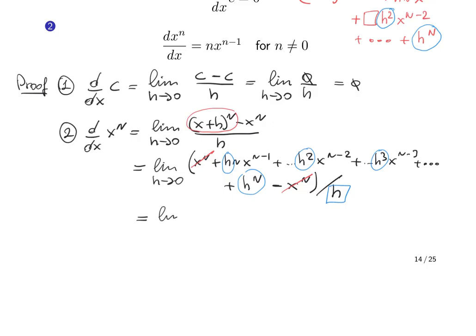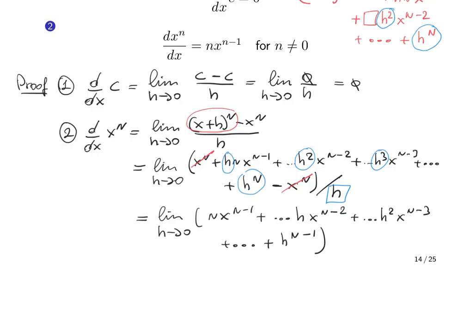And we are left with limit h goes to 0, n times x to the power n minus 1, and then some coefficient h times x to the power n minus 2, some coefficient h squared, x to the n minus 3, and then a bunch more such terms, and then the h to the power n, when you divide by h, you're left with h to the n minus 1.